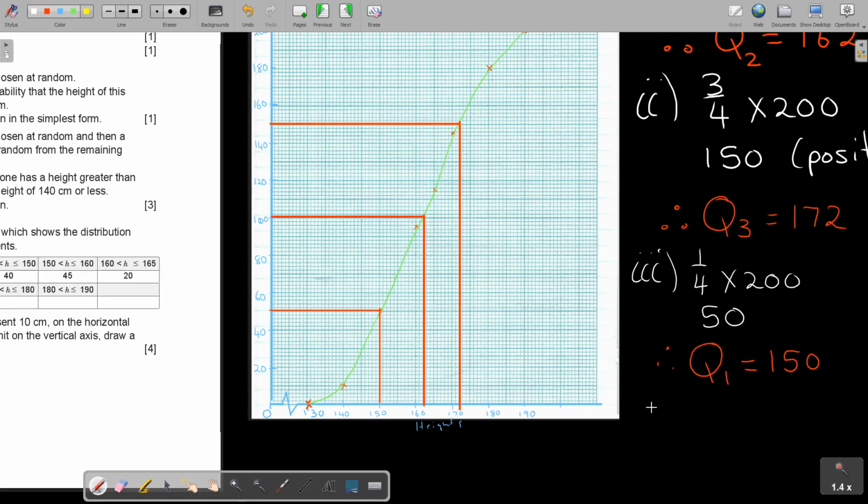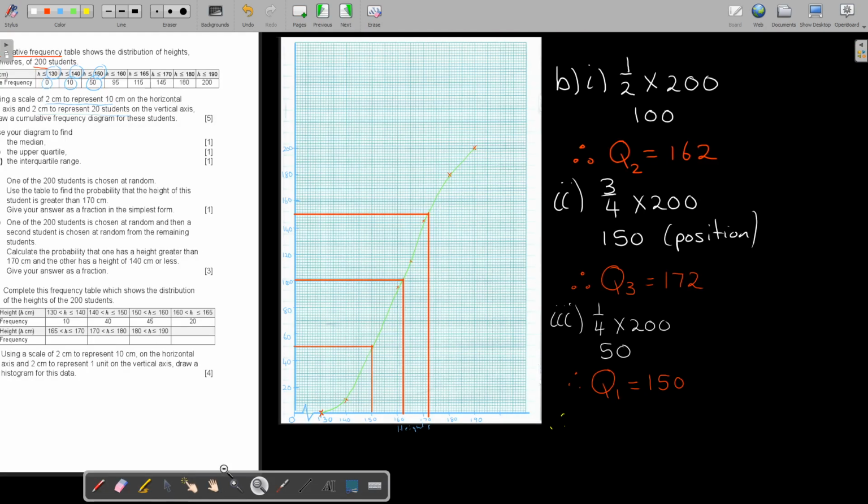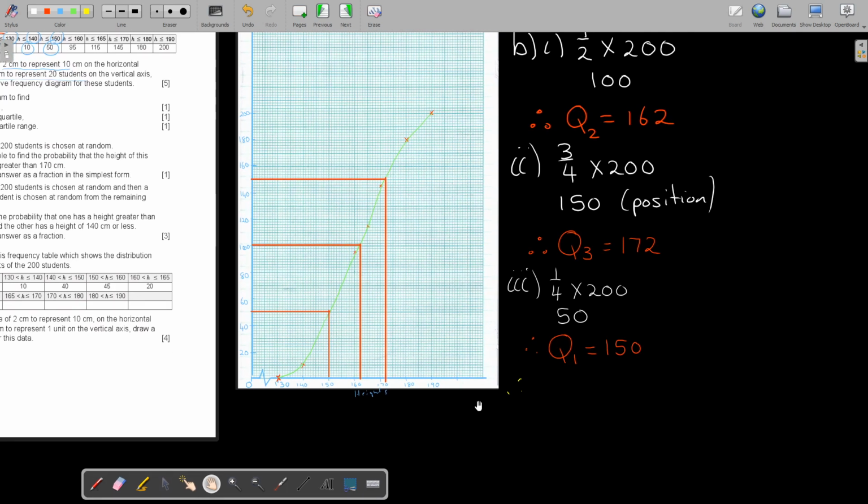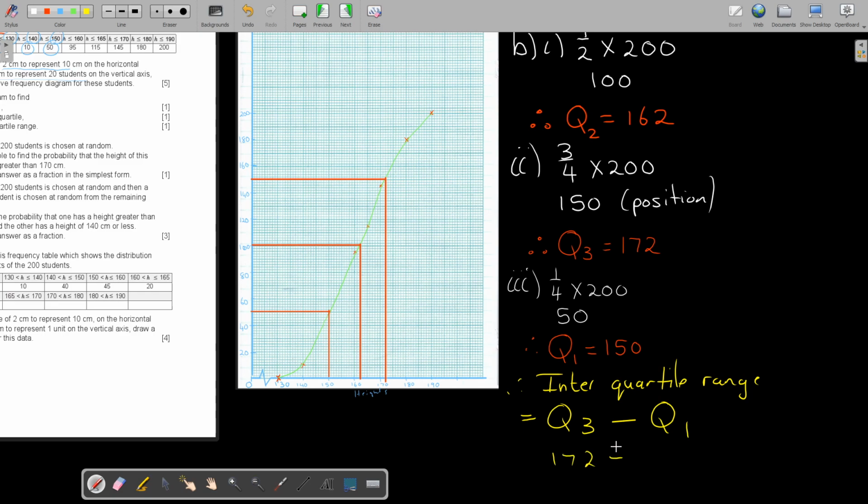So therefore, the interquartile range is equal to Q3 minus Q1, so it's 172 minus 150.